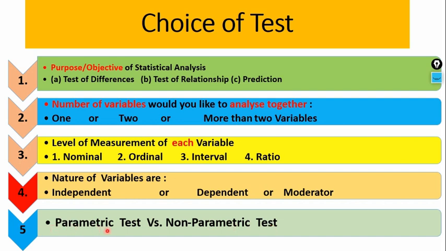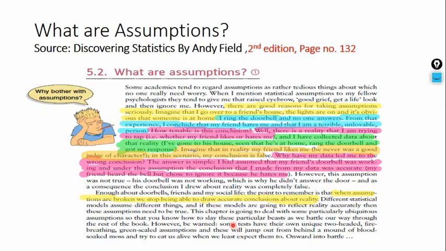Each parametric test has some assumptions. If the data set fulfills the assumptions, we can apply a parametric test. If we fail to meet the assumptions, then we will select a non-parametric test.